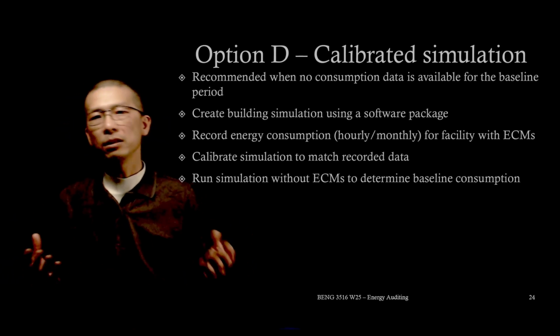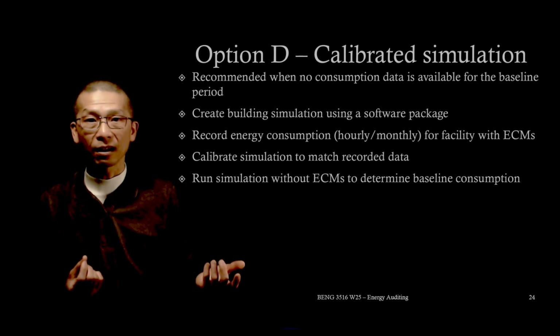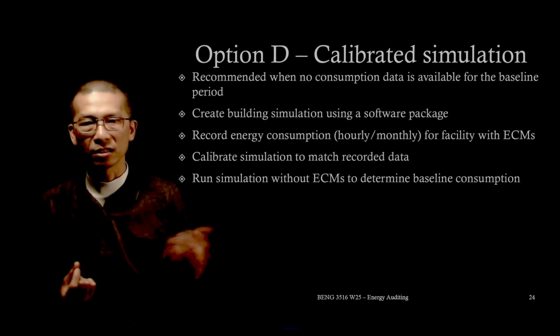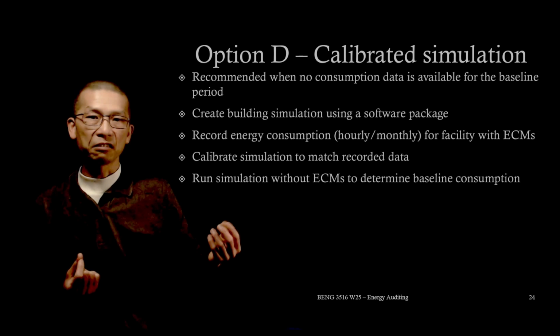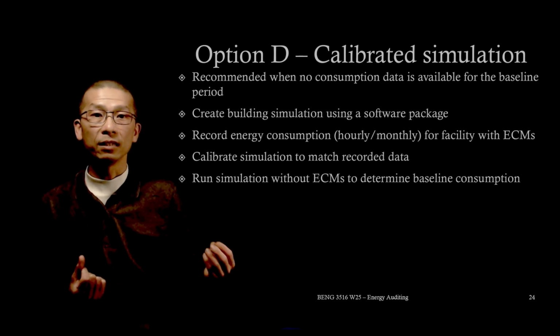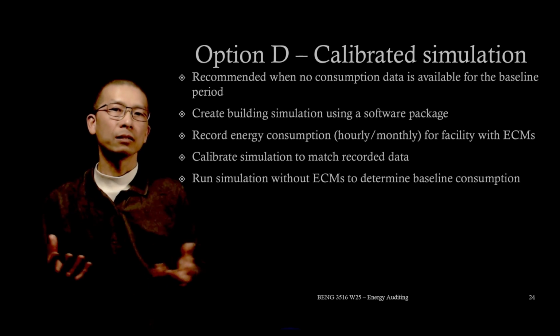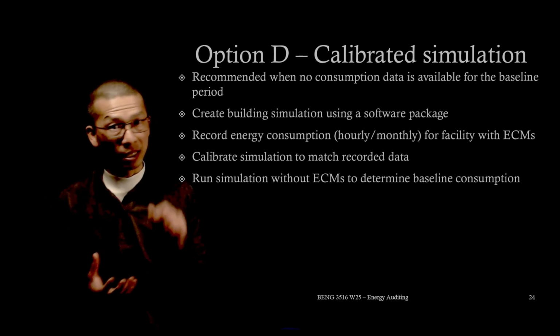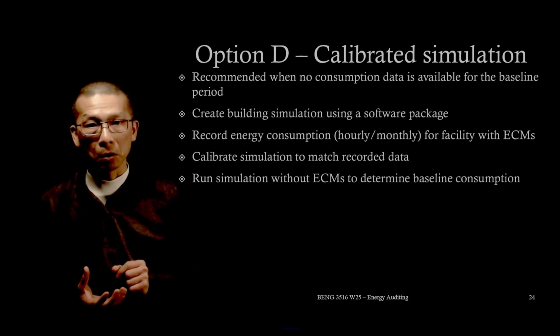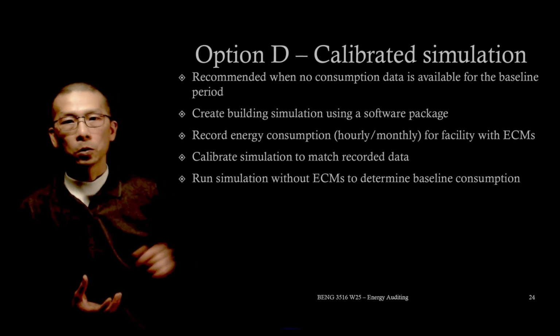The model is calibrated using measured data, utility bills, and temperature sensors, and savings are determined by simulating the building's energy use with and without the ECM, both in simulation.